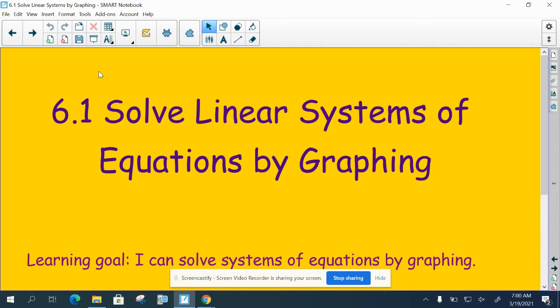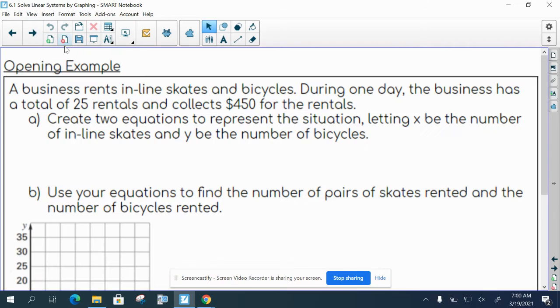So today we're going to learn how to solve linear systems of equations by graphing, reviewing how to graph a linear equation in slope-intercept form, and also a couple of standard form examples. This says a business rents inline skates and bicycles.